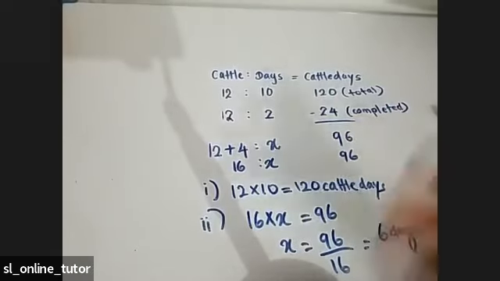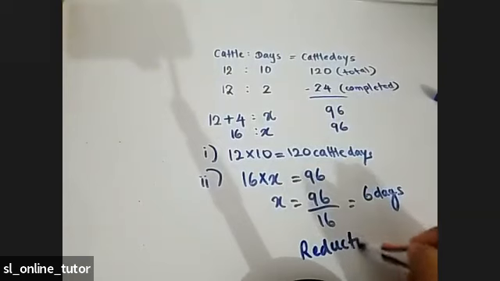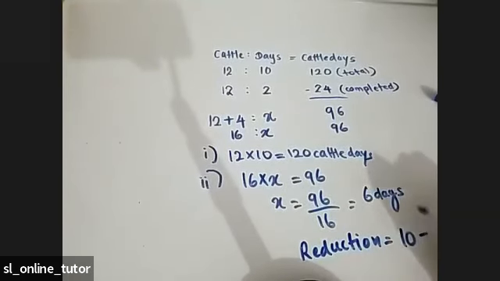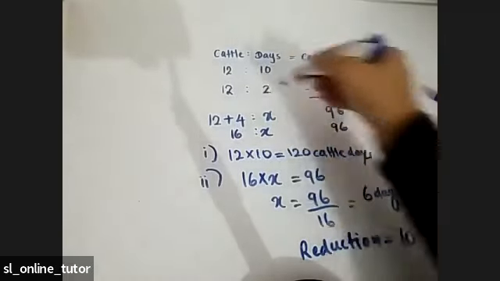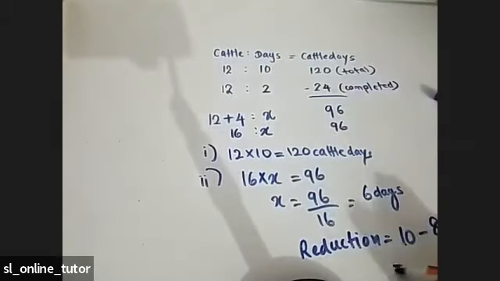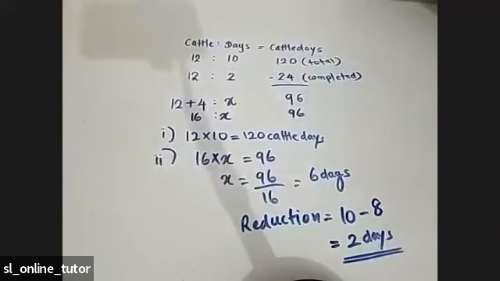That means reduction. Still the answer is not there. They asked the reduction. Reduction is equal to how much? 10 minus, 6 days and 2 days here, 6 and 2, both you have to take. 2 days completed, 6 and 2. Altogether 8 days are there. So reduction is 2.